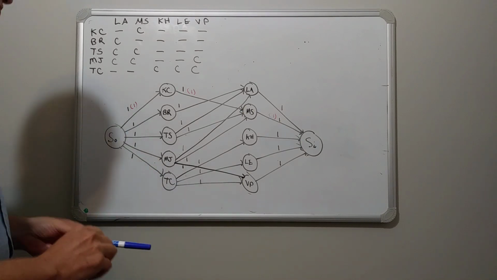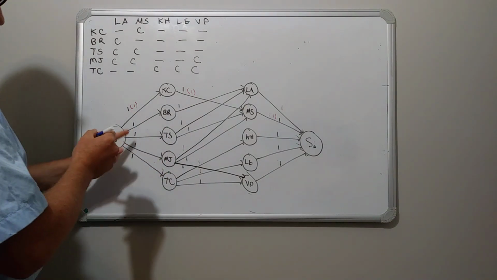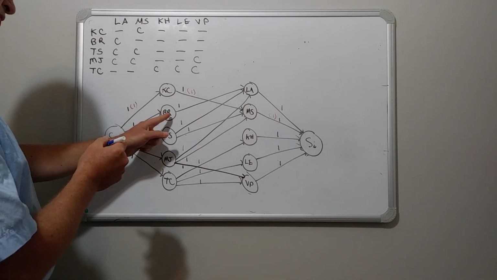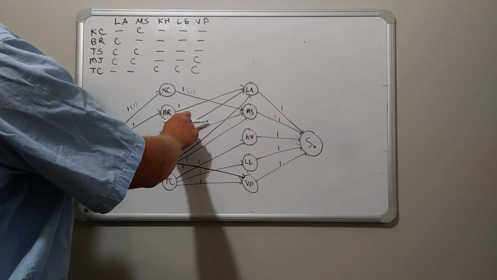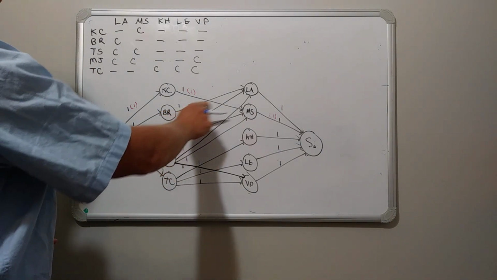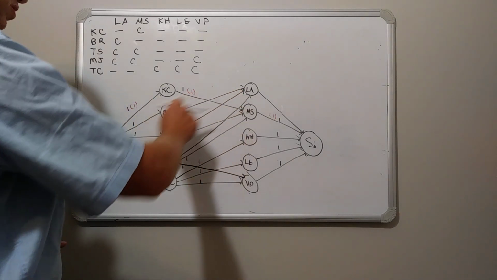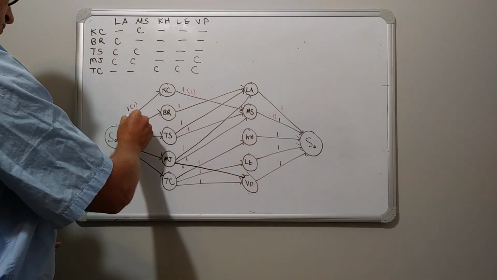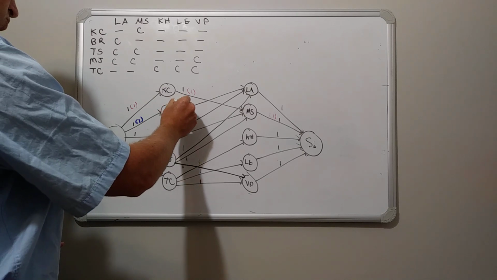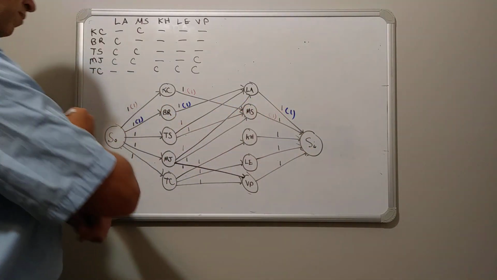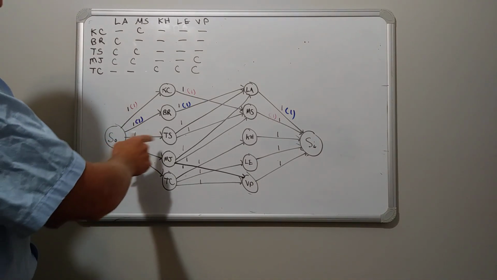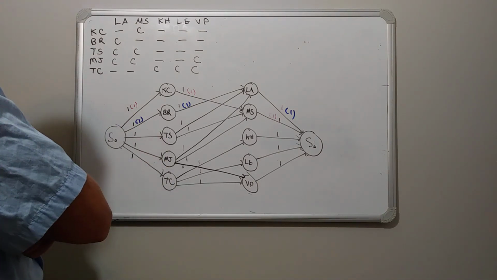Okay. Next, BR. BR can only match up with LA, so let's see. The 1 will come out of here, and 1 will come out of here. Okay, TS.